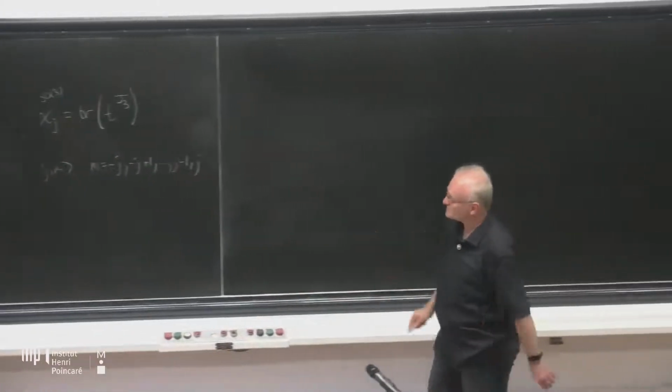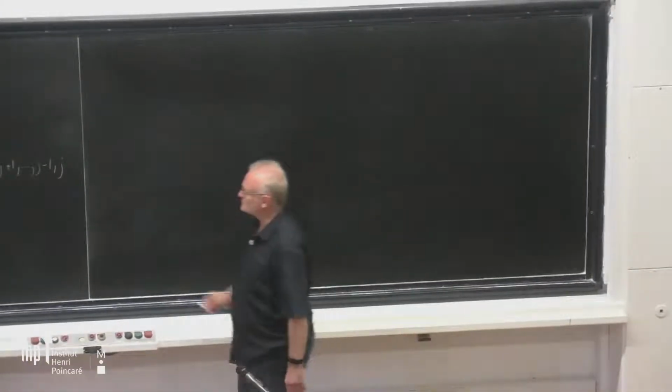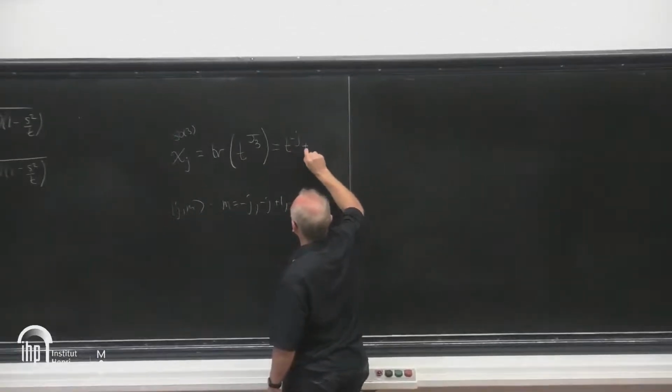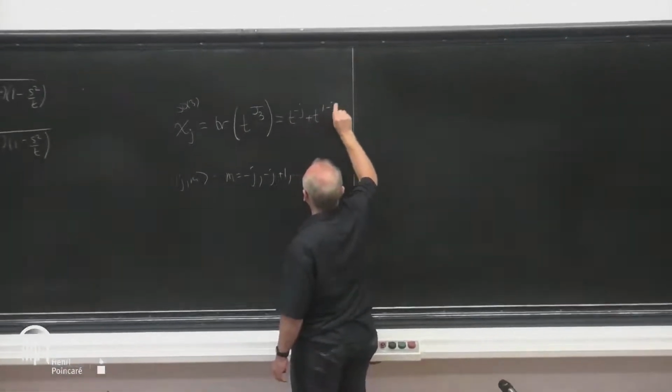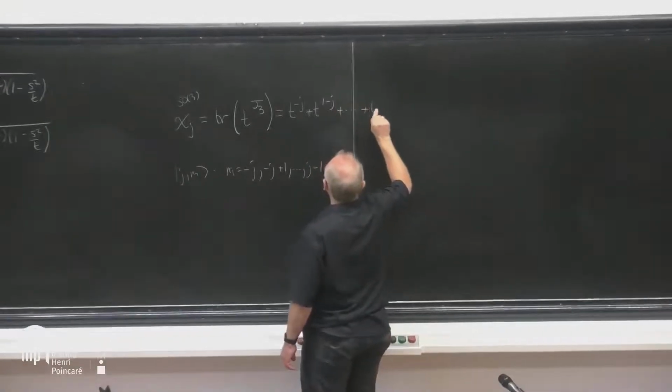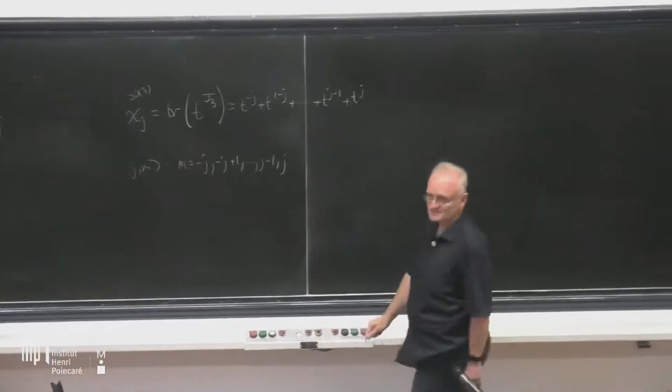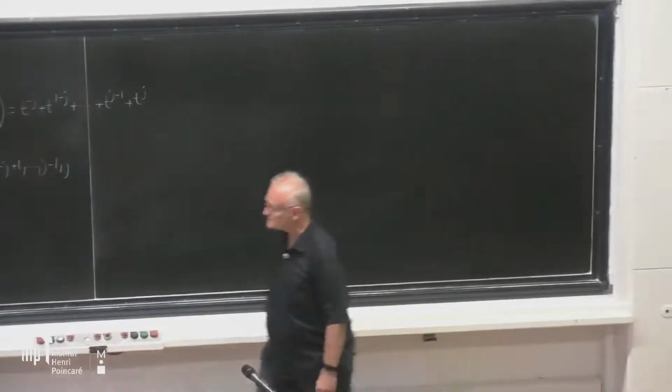If I plug all of those eigenvalues now into this trace, what do I end up getting? I just get t to the minus j plus t to the 1 minus j plus up to t to the j minus 1 plus t to the j. So that's just the form of the SO3 character.